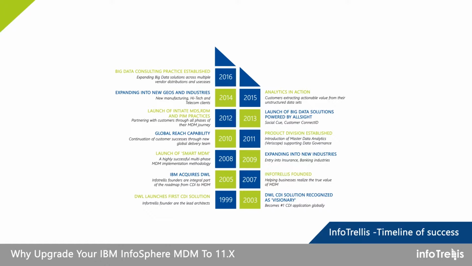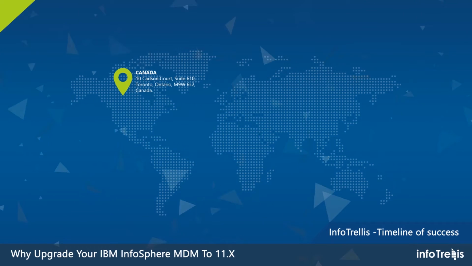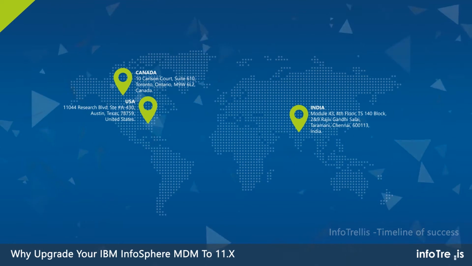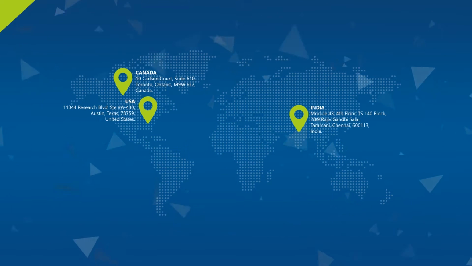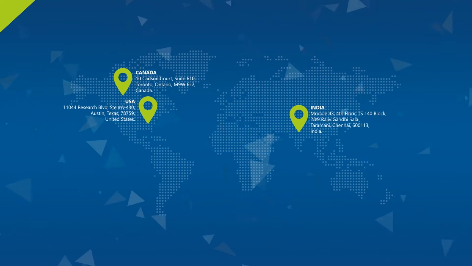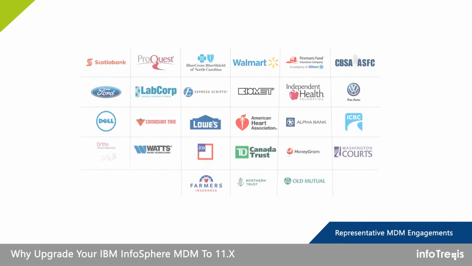In short, MDM is in our DNA. We are headquartered in Toronto with offices in Austin, Texas, Chennai, and Delhi in India. Our clients include many Fortune 500 companies, including companies like Volkswagen, JCPenney, Farmers Insurance, and Northern Trust.